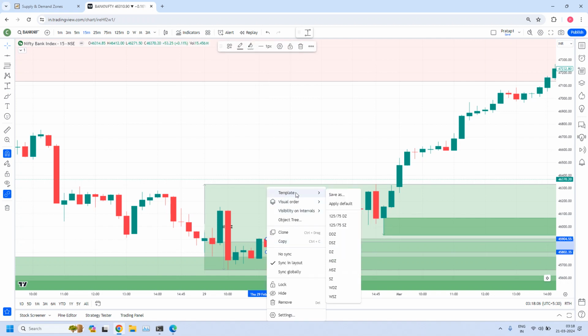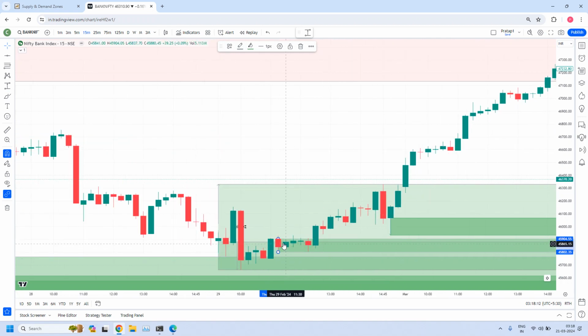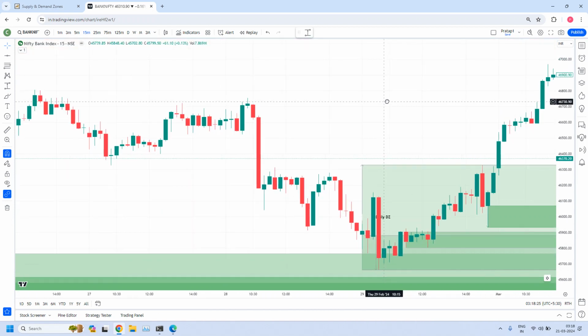Let me give it a darker color. This 15 minute zone is inside the 75 minute zone. This 75 minute zone is inside the daily zone. This is the fine tuning zone technique, which I explained in lesson 16.